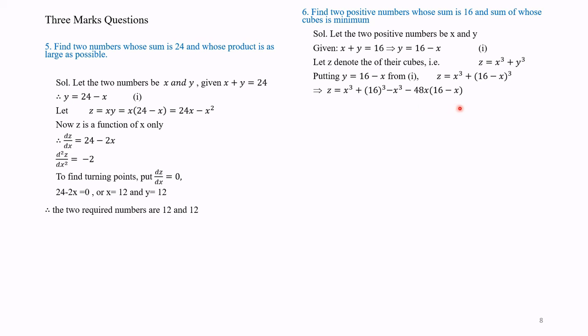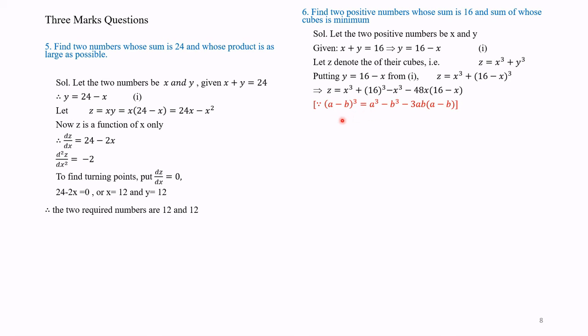That is expanding the formula using a minus b whole cube is equal to a cube minus b cube minus 3ab into a minus b. You have to remember this formula to solve this problem.